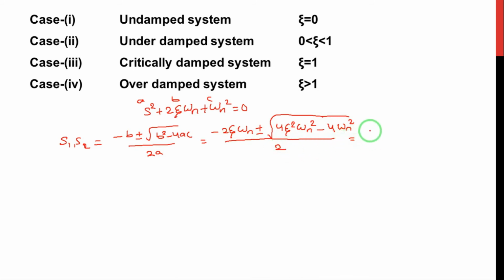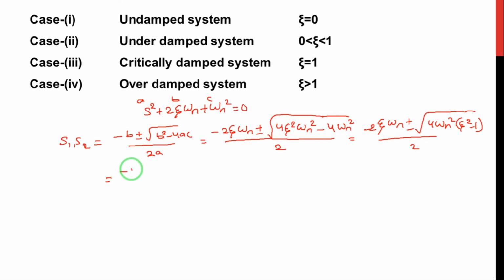Now I want to take the common term: 2 zeta omega n plus or minus root 4 omega n square is the common parameter, right? Then zeta square minus 1 is the remaining value, divided by 2. Now I want to divide the expression by 2, so numerator and denominator both by 2.